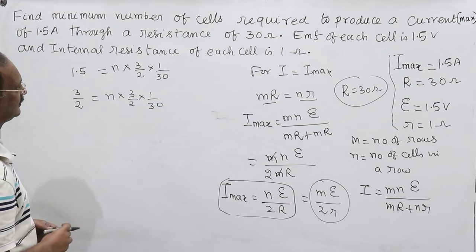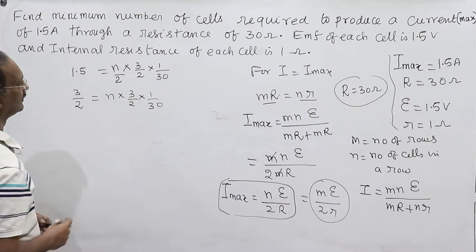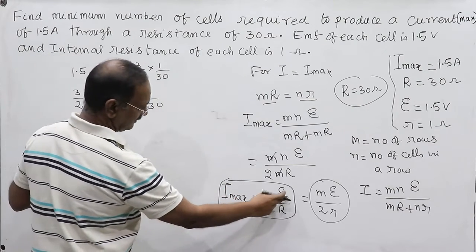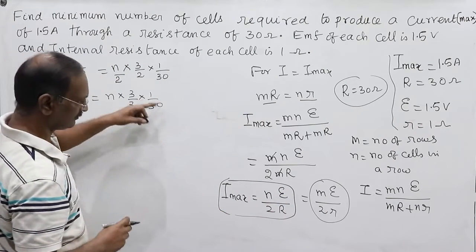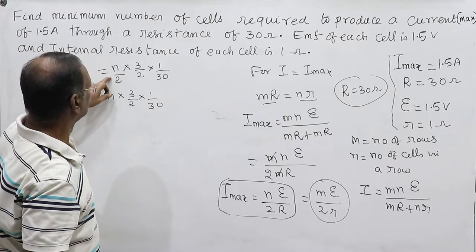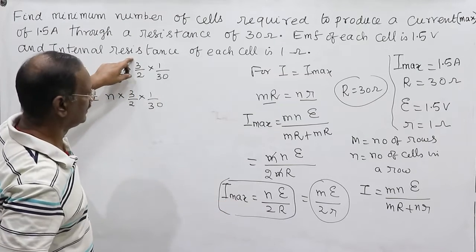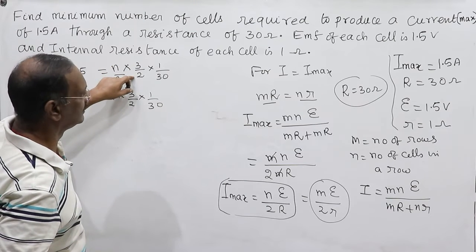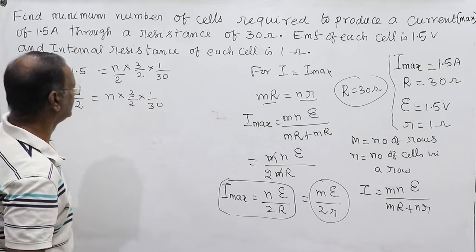It can be written as 1 divided by 2. I max is equal to n by 2 times epsilon naught, that EMF being 1.5, written as 3 by 2, divided by r, where r is 30.